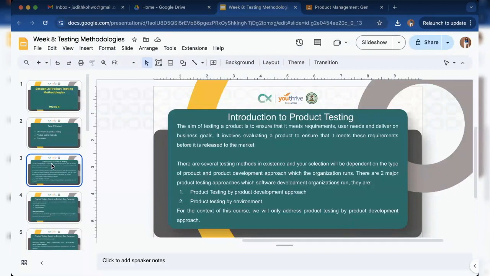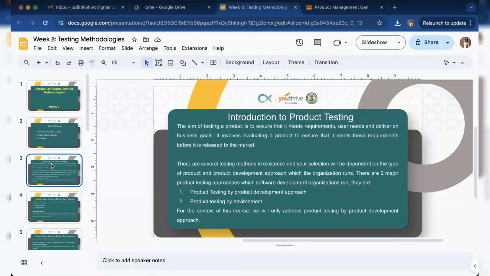These are two categories of product testing. I'm not talking about the types now, I'm talking about categories, because knowing which approach your organization runs helps you determine which type of test is great for your product.